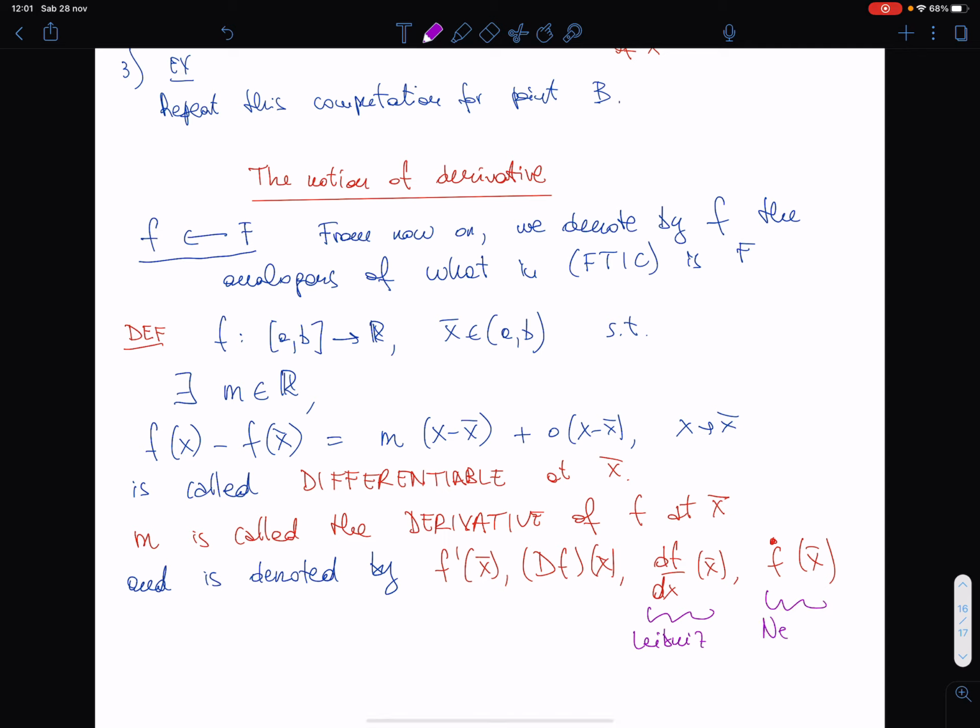They are the two founding fathers of the differential calculus. And I want to stress here that the notation due to Leibniz appears as a fraction where there is a numerator df and a denominator dx, but it is not a fraction. It is just a unique symbol, df over dx.